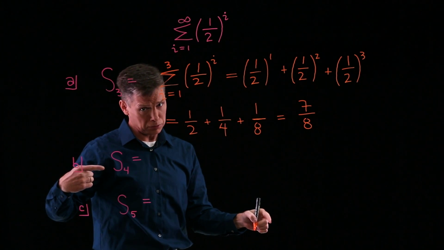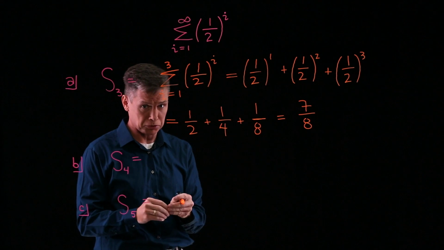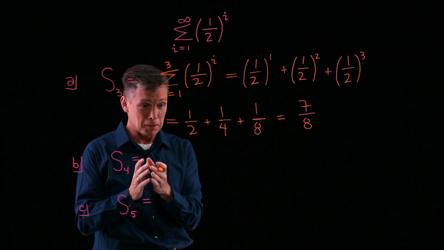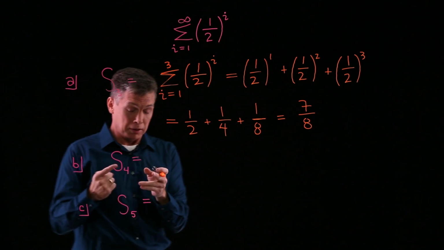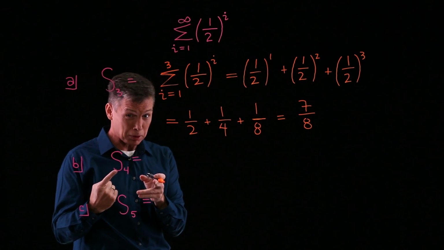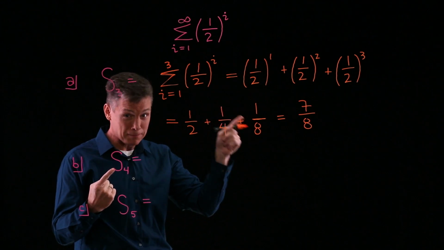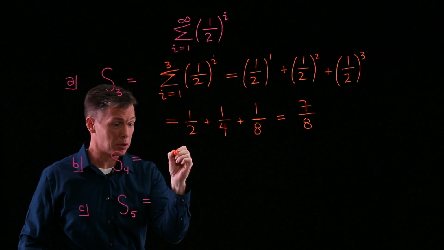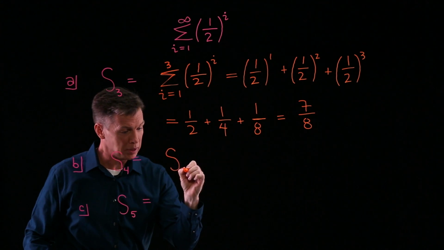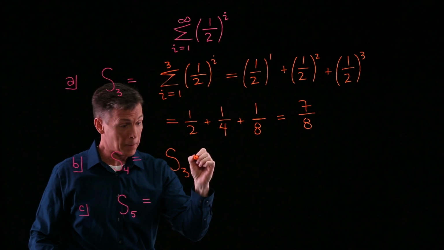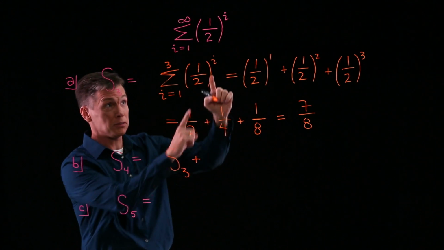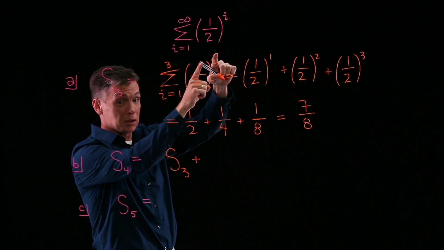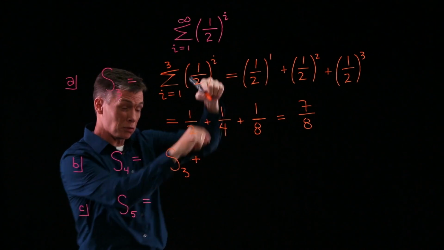They also want us to find the fourth partial sum and the fifth partial sum. I'll give you a quick tip here. Try to be smart with your work. I say that because if we're going to now find the fourth partial sum, after having found the third partial sum, realize that the fourth partial sum will be the third partial sum plus this expression from that series, but with the index bumped up to 4.